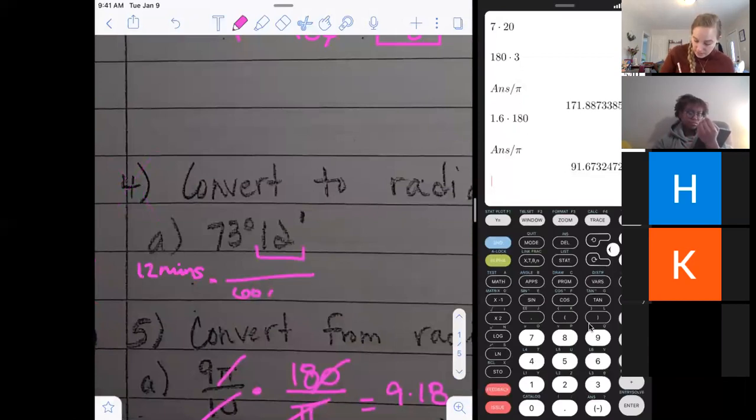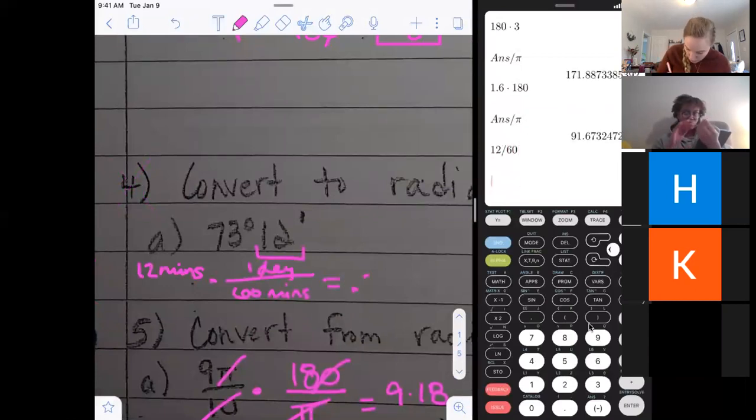So 60 minutes goes on bottom, and I want 1 degree on top. 12 divided by 60 is 0.2. Oh, and there are no seconds. So that's my answer as a degree in all decimals, so 73.2. That's just step 1. Any questions on that?